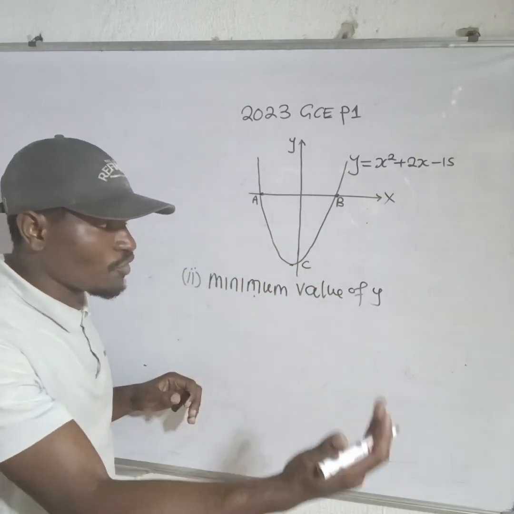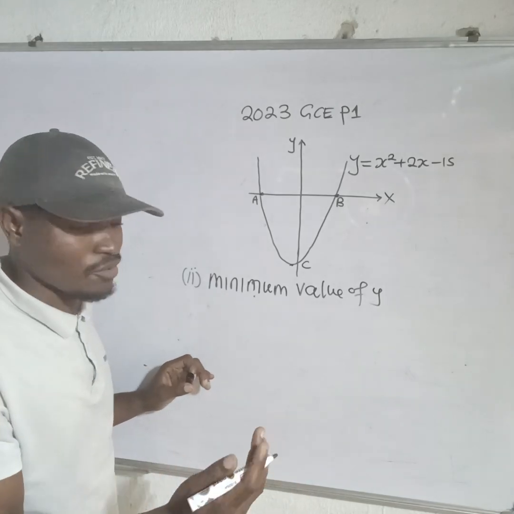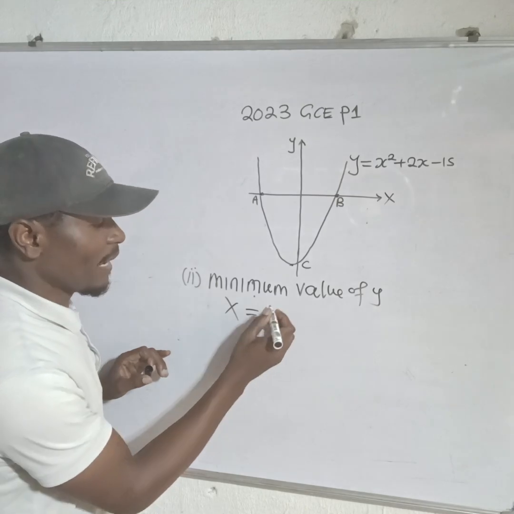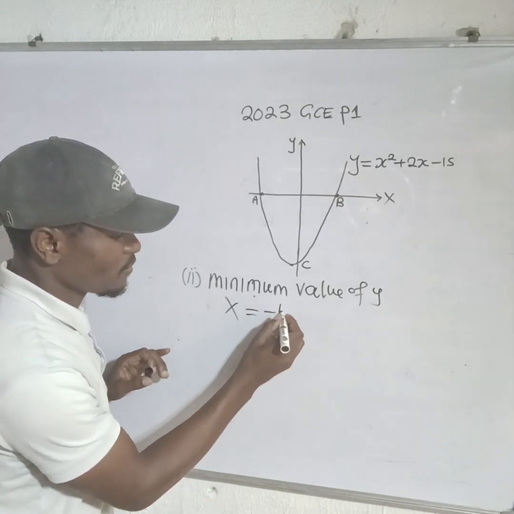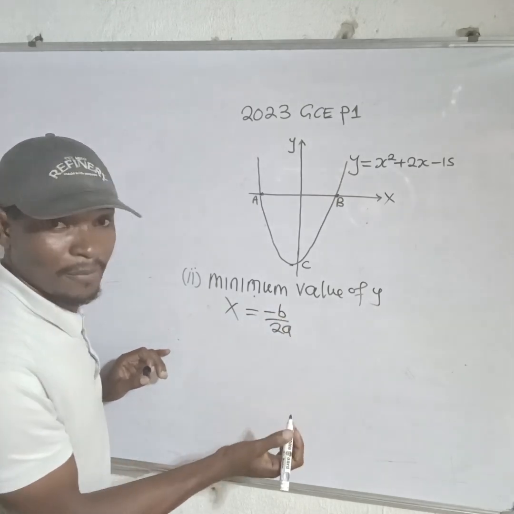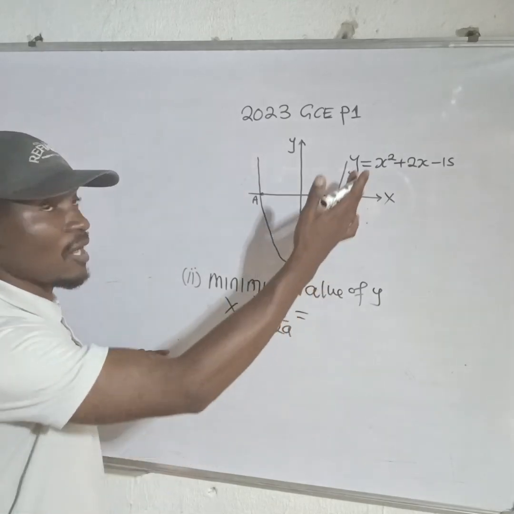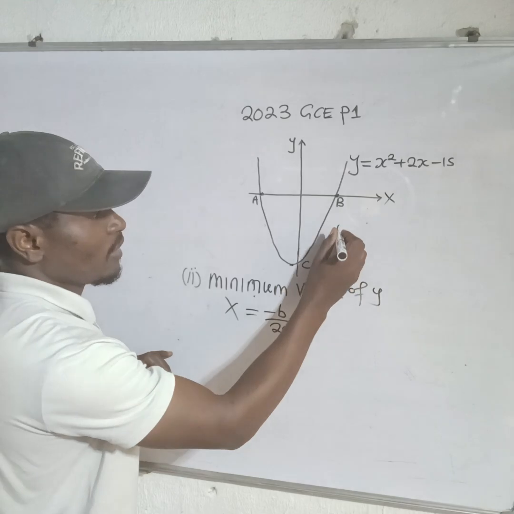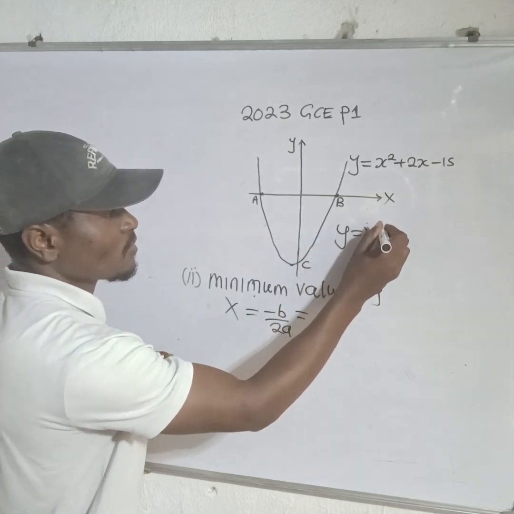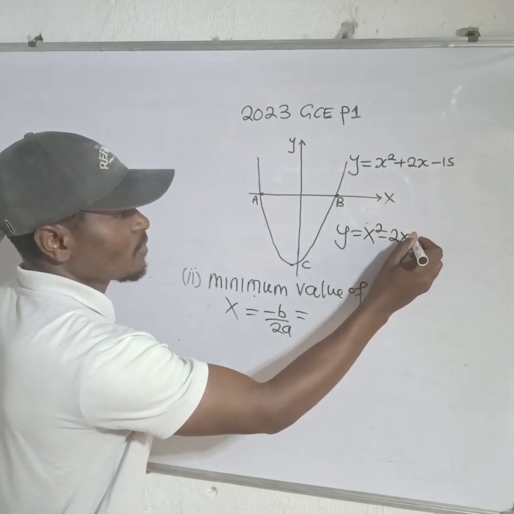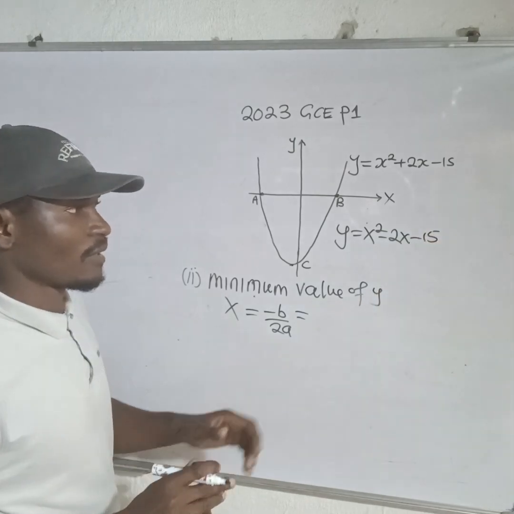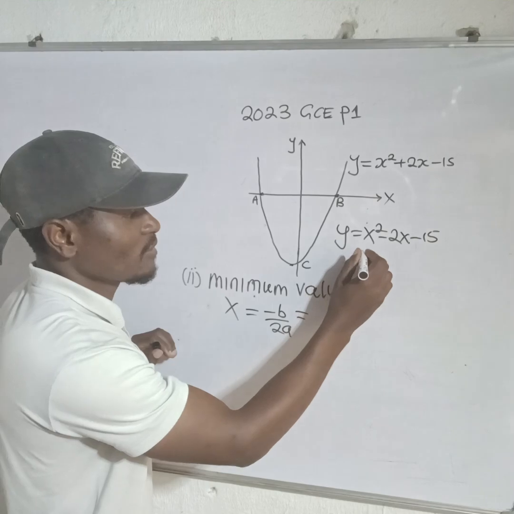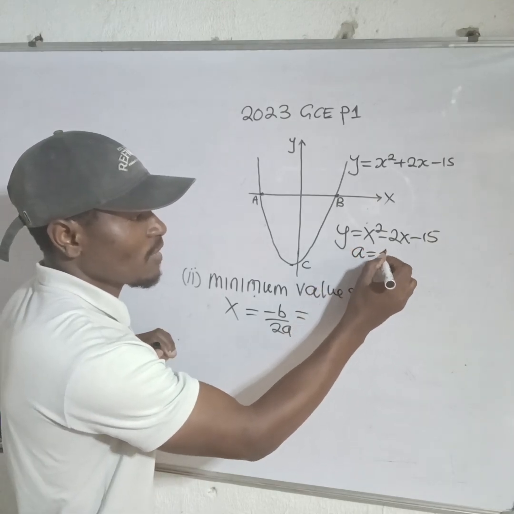Okay, so for you to do that, all you have to do is find the x-coordinate. The x-coordinate has the formula negative b over 2a. Now from there we know what we have: y equals x squared minus 2x minus 15. The coefficient of x squared is given as a, which is just 1.